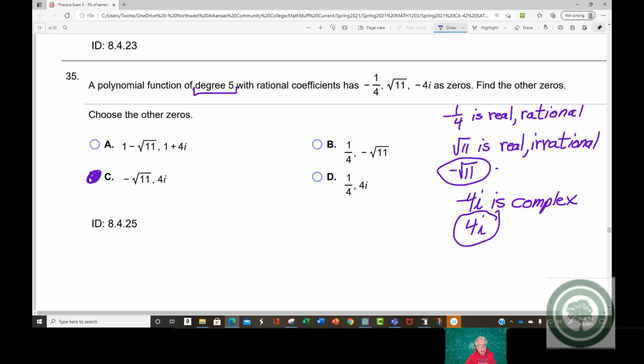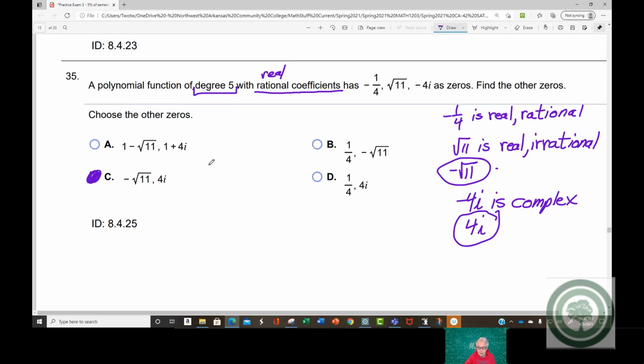But real and irrational numbers, like square roots or pi, or complex numbers, they both need their conjugates if you're going to have rational coefficients. Usually in other books you see real and rational. But that is a redundancy, I admit it.